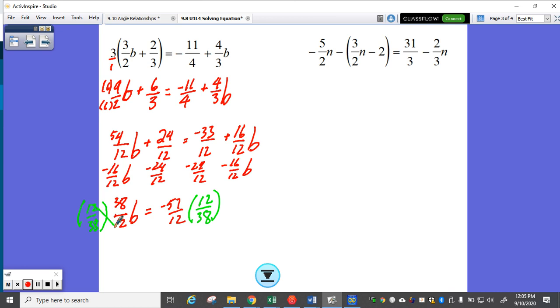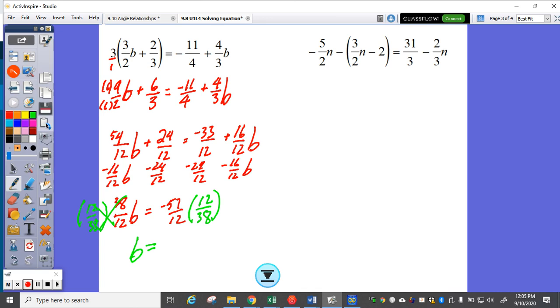So these cancel, and b is going to equal, these 12s cancel, and we have negative 57 over 38. That's my answer.